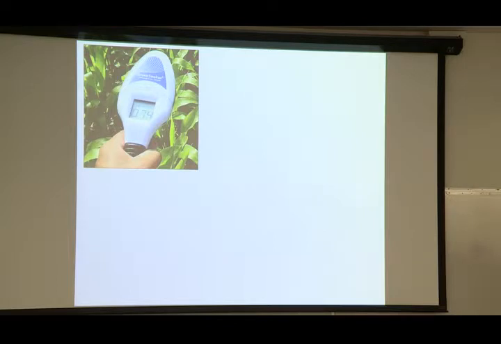So for something like the GreenSeeker, this would be a typical type of application that was originally developed by the folks out of Oklahoma, where you would take a section of the field, make sure you got lots of nitrogen on it. So it's nitrogen rich. Take your GreenSeeker out, get your NDVI reading, and that's supposed to be the typical NDVI of an area that's not short of nitrogen.